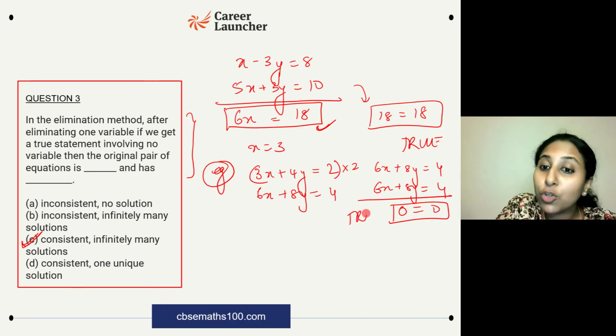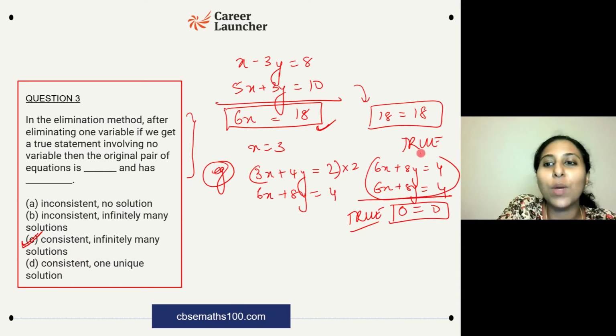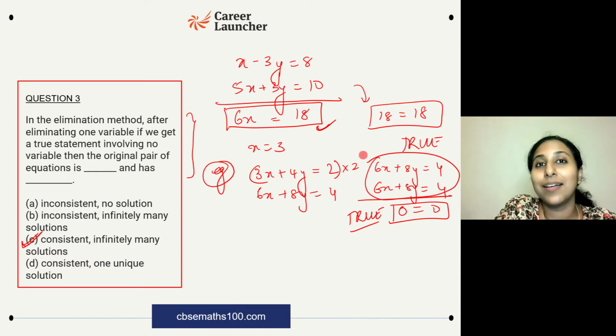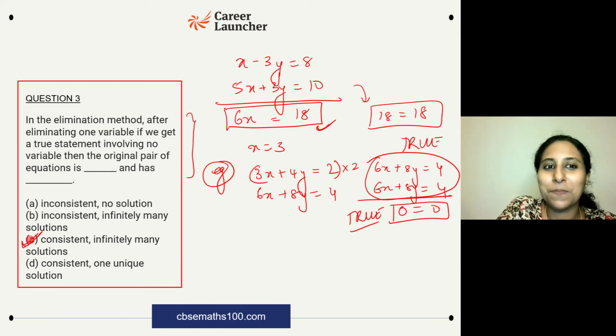But you're getting a true statement since it's factually right. This implies that this happened because the original two equations represented infinite solutions, where a1 by a2 was equal to b1 by b2 equal to c1 by c2. And this is a consistent system because solutions are possible.